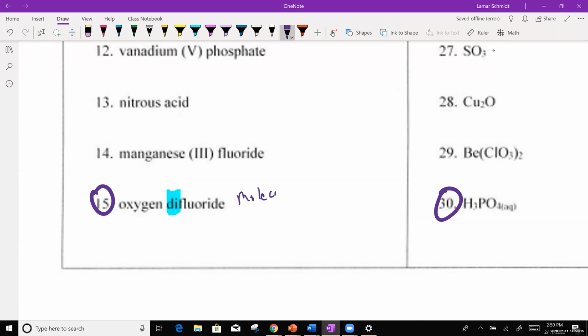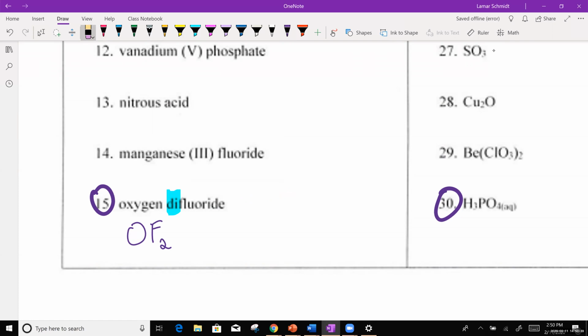And in a molecule, you will never look at a charge. So all you're going to have to do is just list what you see. You don't see the prefix on oxygen, so that means there's only one. And then it says difluoride, that means there is two of those. So there's your formula.